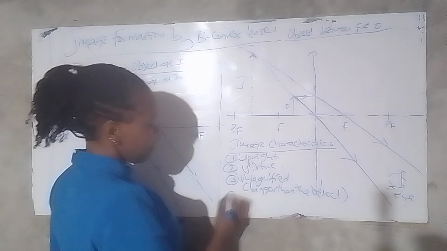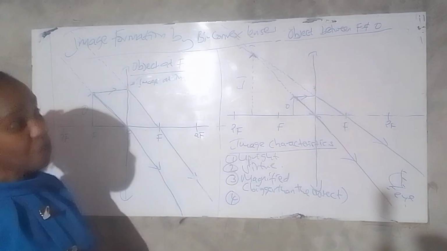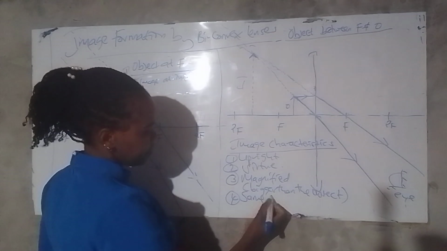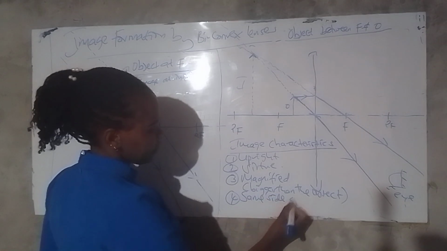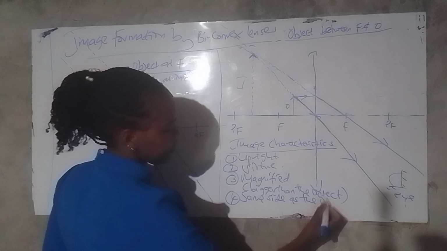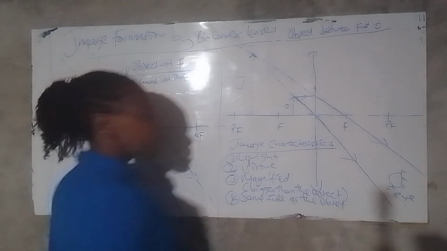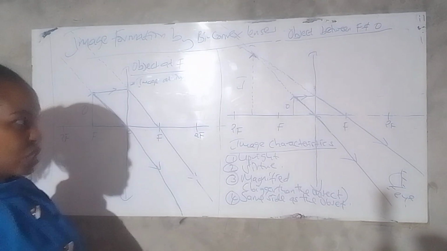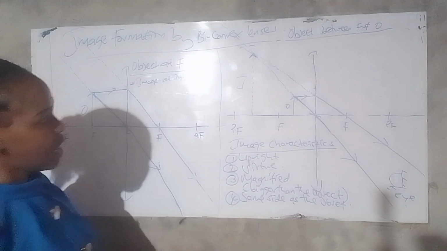And lastly, number 4, where does it form? It forms on the same side as the object. So the image and the object have formed on the same side. So that is the last image we have drawn for a convex lens.